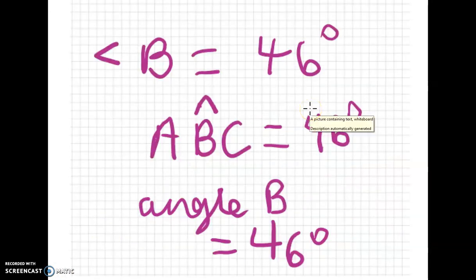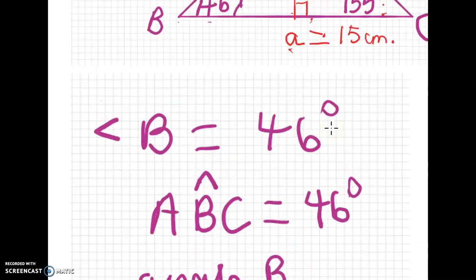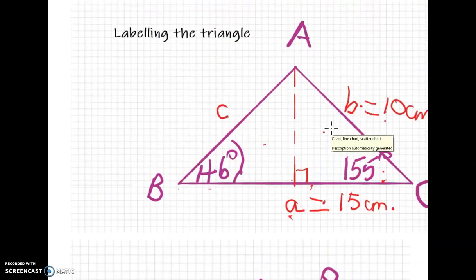Next, remember angle B was 46 degrees. We can represent this in symbols by using this symbol here. It means angle B, or you could write it as angle ABC with a hat on top of the B. This means the vertex here is in the center. Or you can simply write it as angle B. Remember where angle B was?